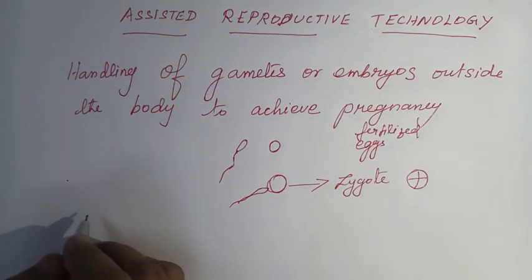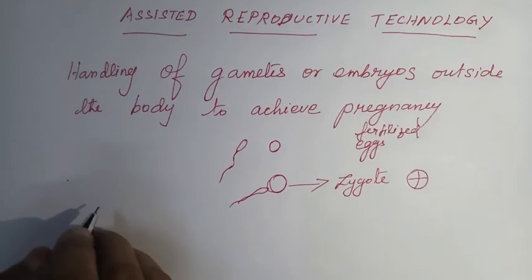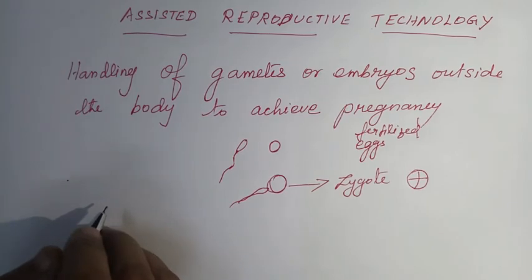Now we are going to see the assisted reproductive technology under 8 headings. It is given in the SCRT syllabus. In that 8 headings: intrauterine insemination, in vitro fertilization or test tube baby, embryo transfer, zygote intrafallopian transfer, gamete intrafallopian transfer, intracytoplasmic sperm injection, intrauterine transfer, surrogacy.